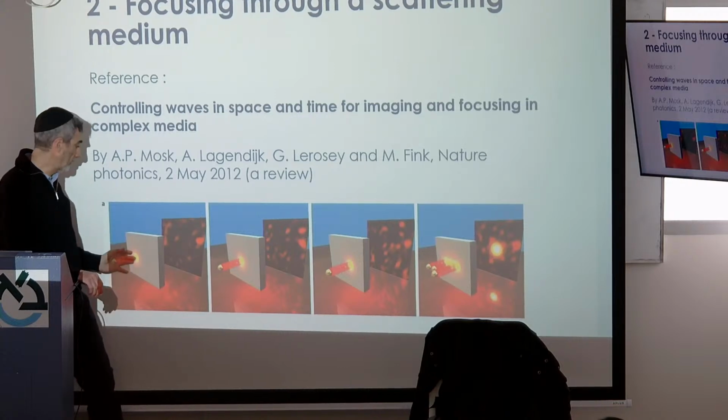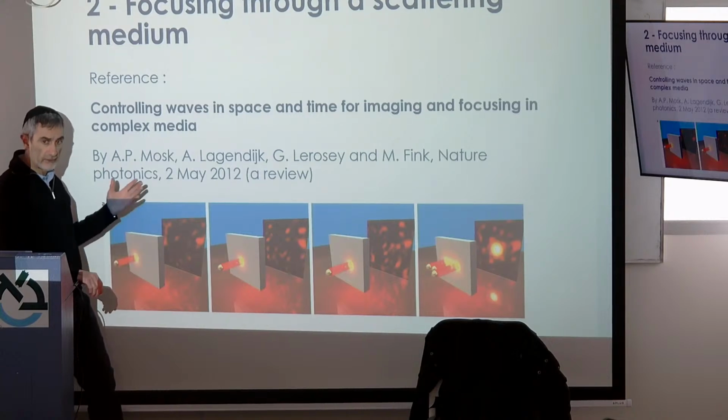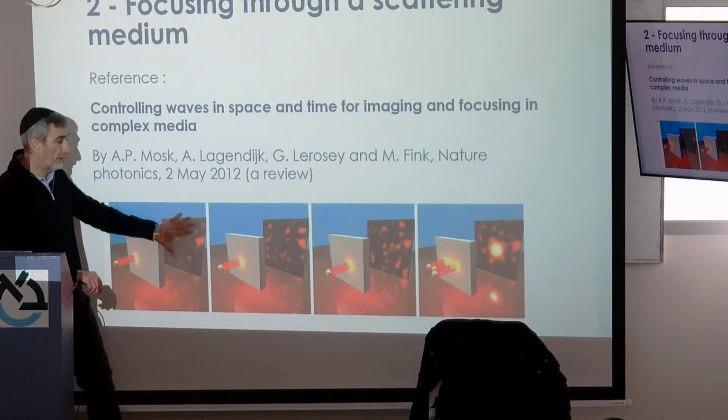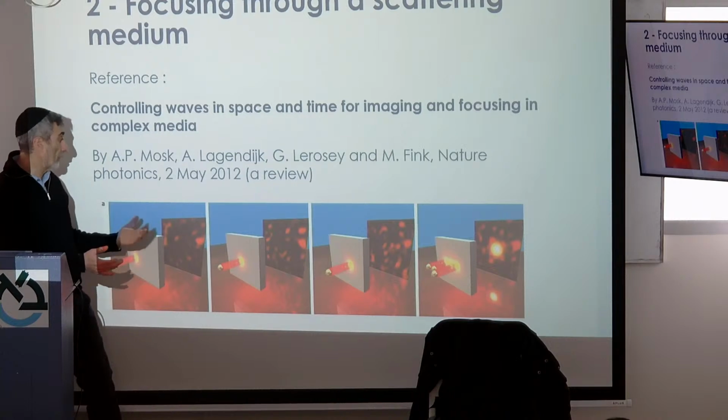So the speckle depends on how you shine light on your sample. It also depends, as I showed you before, on the wavelength. By changing the wavelength, you change the speckle pattern. So the speckle pattern has a lot of information.